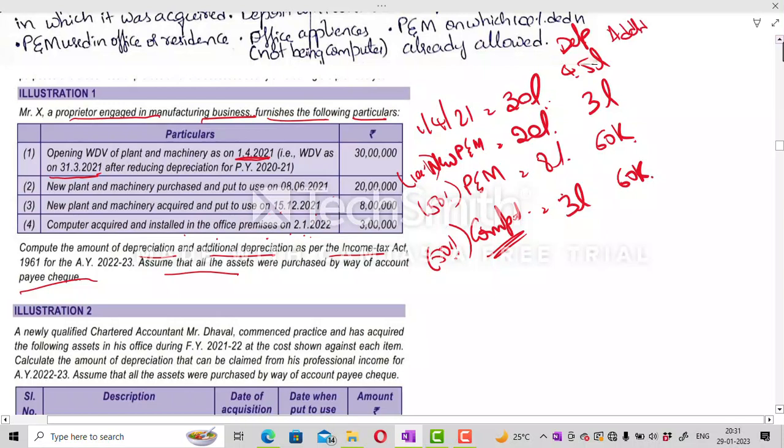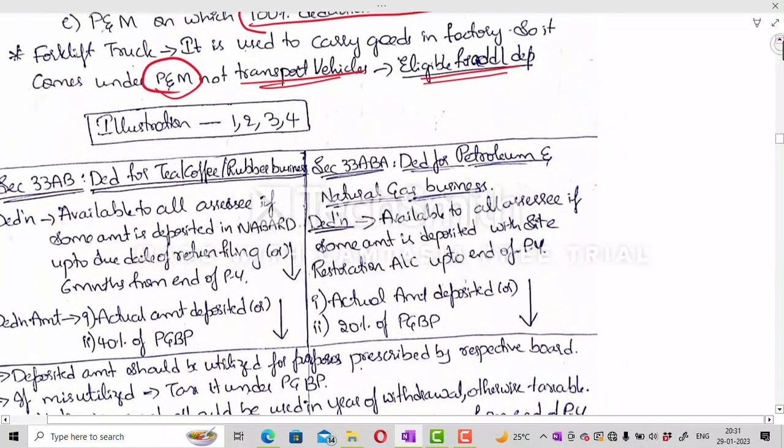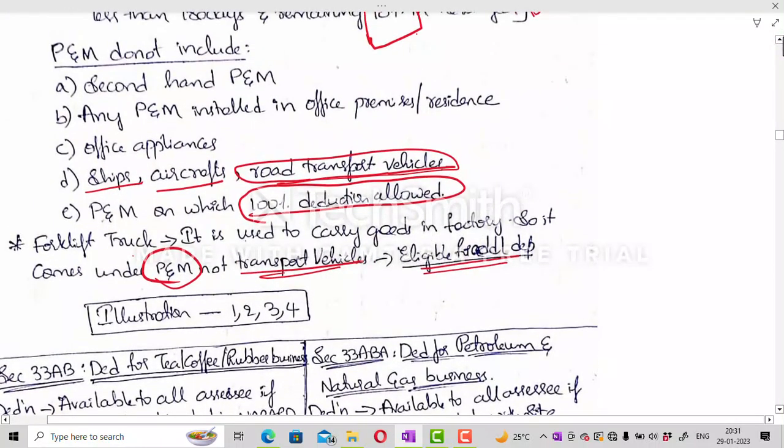Additional depreciation. It is only for new plant and machinery, and it does not include computer and its appliances, nor anything purchased for office premises. Plant and machinery does not include office appliances, office premises, so we should not calculate depreciation on that.